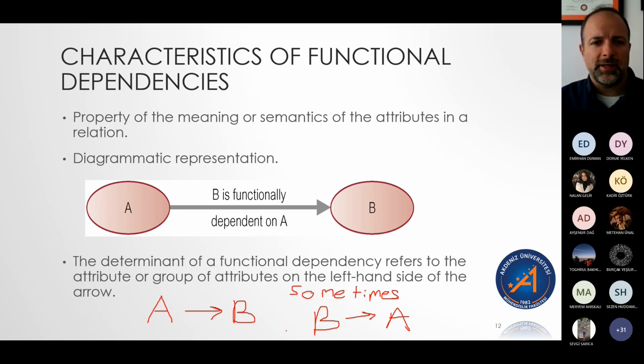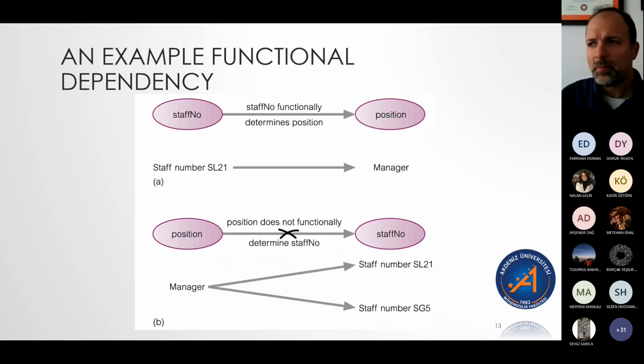Let's look at an example where we have a one-way functional dependency. In our staff table, staff number determines position. If I know the staff number of our staff person, I then also know their position title.